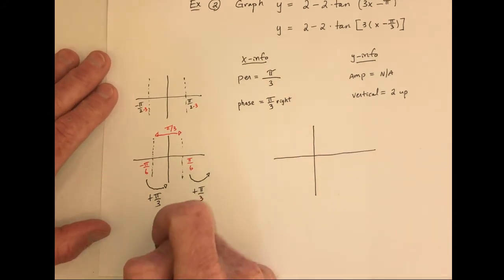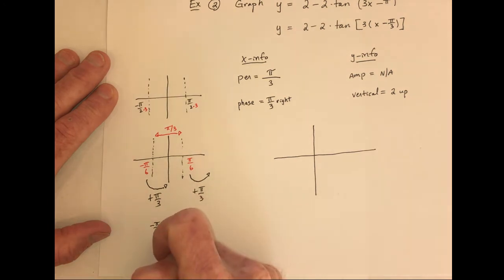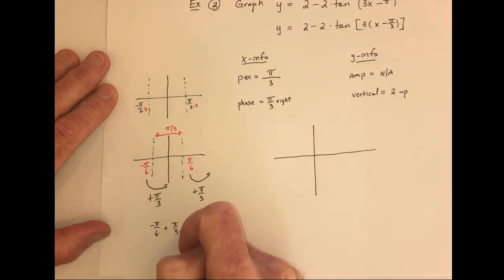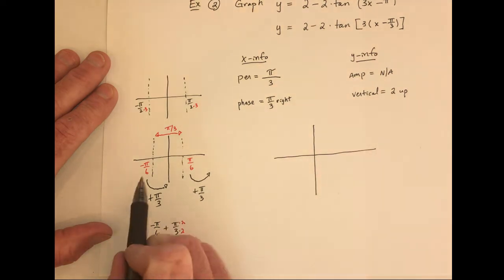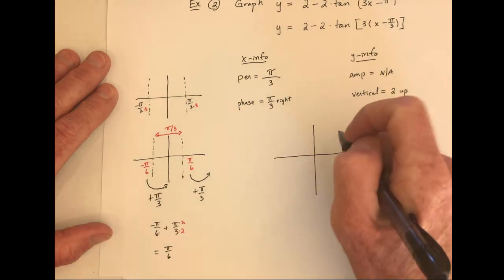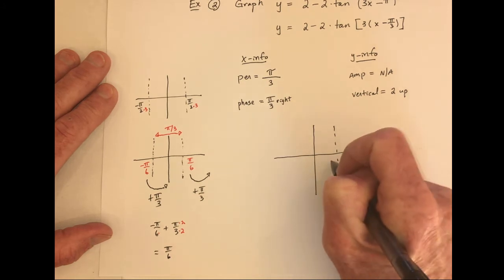So this would be negative pi over 6 plus pi over 3, and then get a common denominator, so multiply by 2 and multiply by 2. And this one would be 2 pi over 6 minus 1, so that means that it's 1 pi over 6. So this asymptote becomes this one at pi over 6.